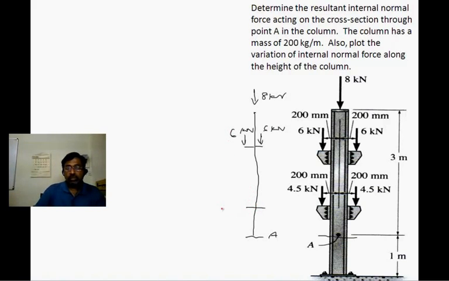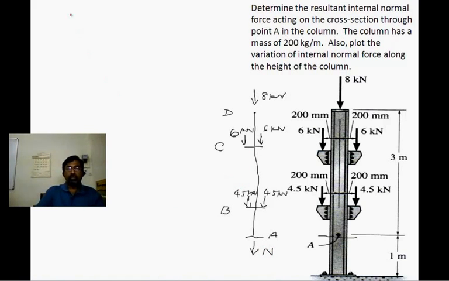Let's name this as B, this as C, and this as D. There are two more forces acting here, 4.5 kilonewton and 4.5 kilonewton. Having cut this, we need to insert a normal force. Let's call this N.